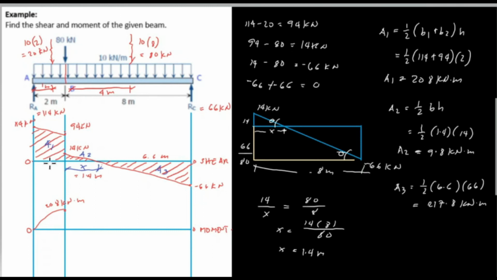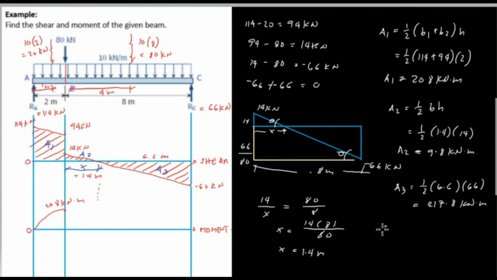So we add area 1 plus area 2 to find the moment at 1.4 meters.